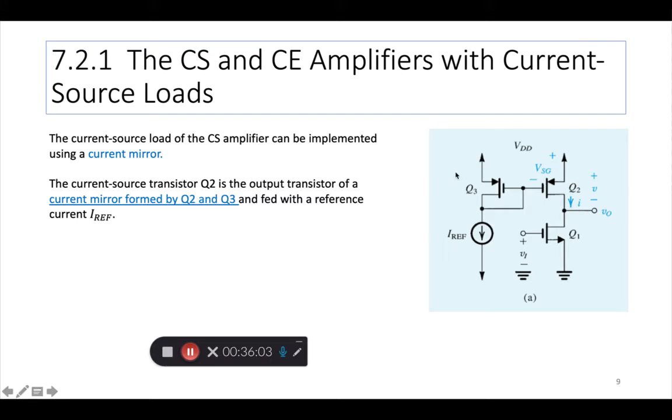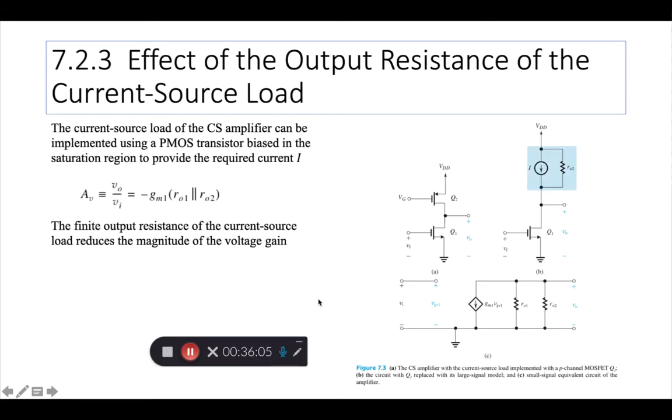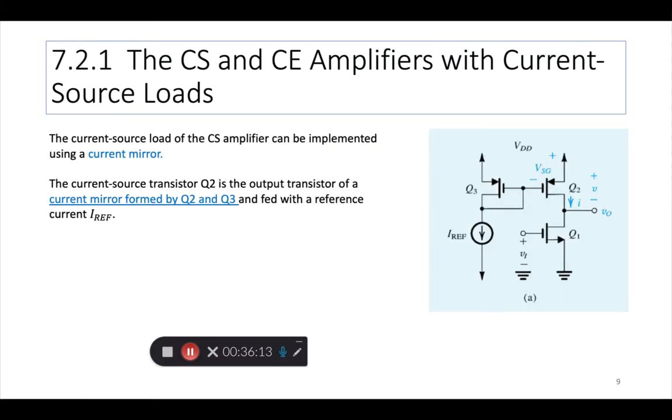But for now, just understand that instead of having just one P-type transistor, PMOS, here you can have a two pair combination that makes for an even better source, an I reference source, than just one PMOS.